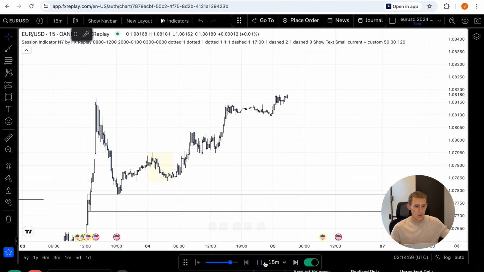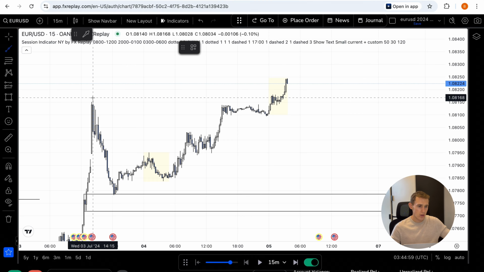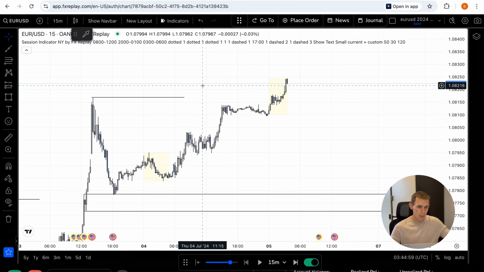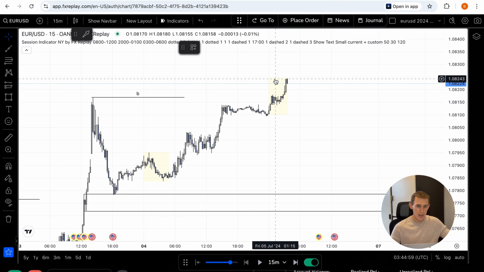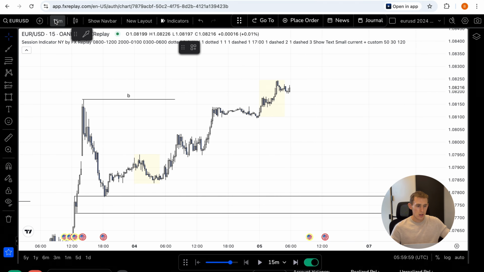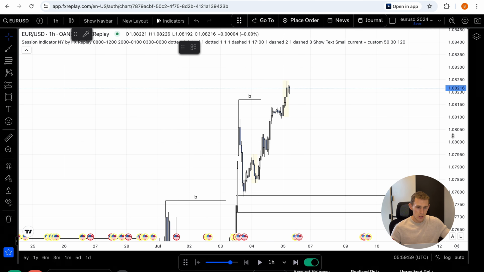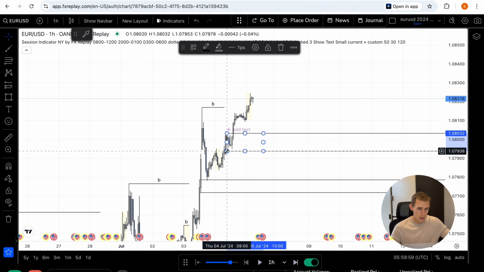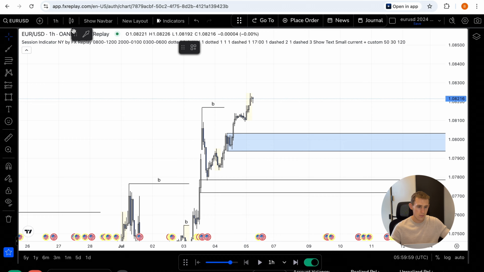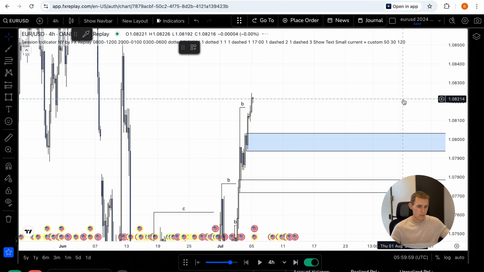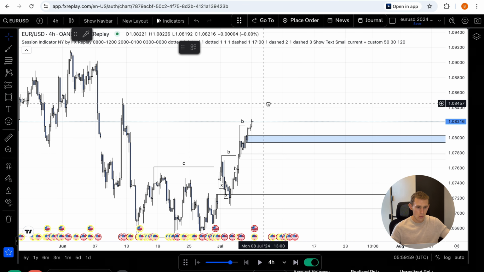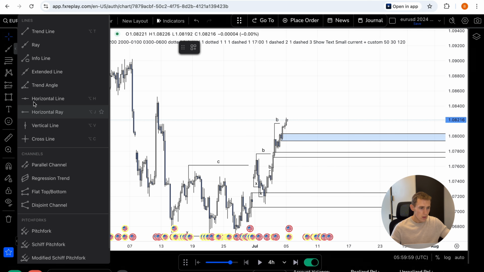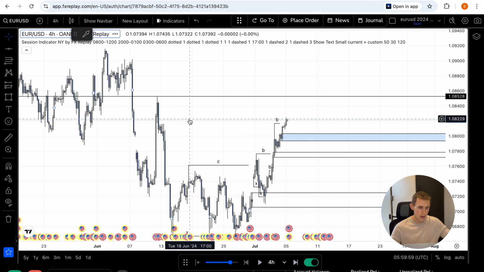So it went straight for the highs, but there was no entry confirmation there. Let's fast forward Asia. All right, so Asia didn't really do much. Next point of interest, maybe this demand here. It's a nice 4-hour zone as well. I'm also just going to mark on this liquidity here, just so I know if it is taken out.